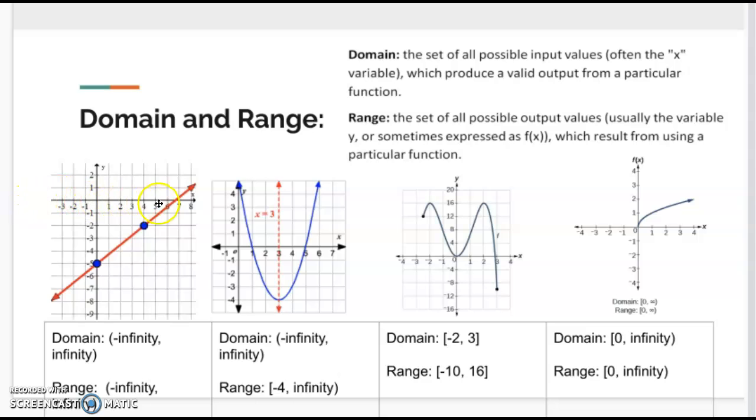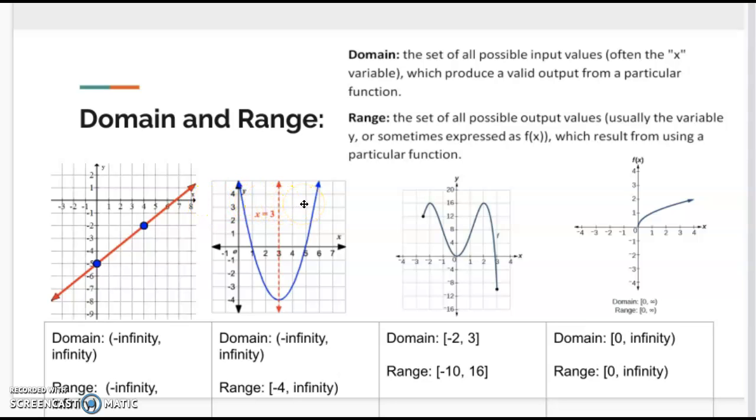So if I'm looking at all of these x values, because these arrows are going to continue, it's going to use every single one of those negatives. And because this arrow is going to continue this way, it's going to use every single one of these y's.